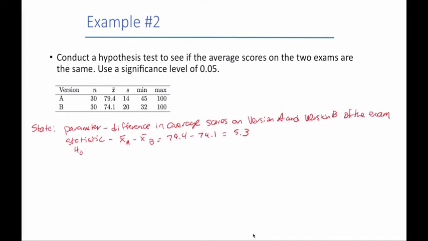Our hypothesis, our null, is that there is no difference, which is X bar A minus X bar B equals 0. Our alternative is that version B was harder, that the average score on version B was lower than on version A, which means that the difference would be positive.